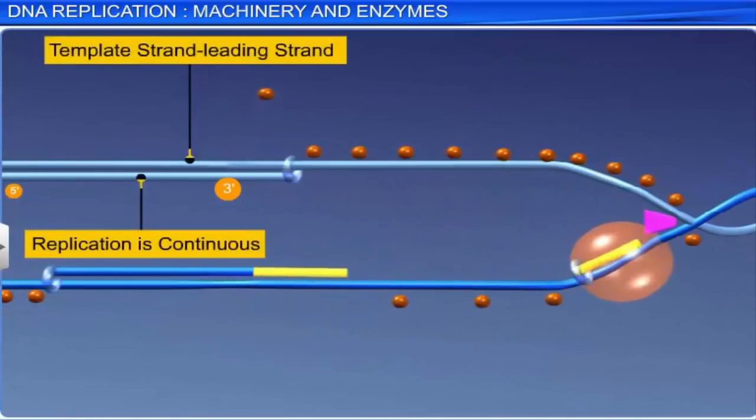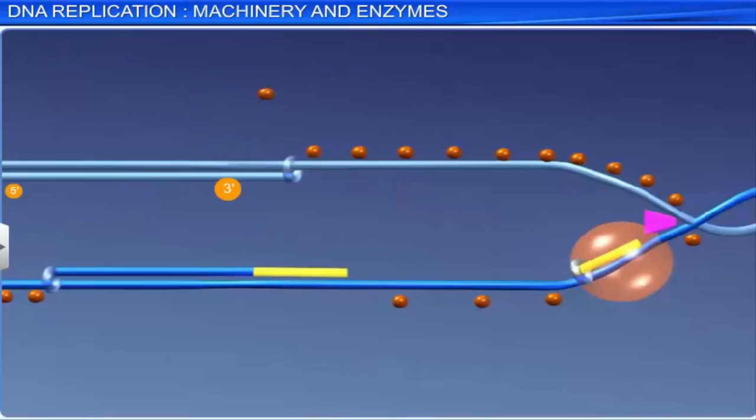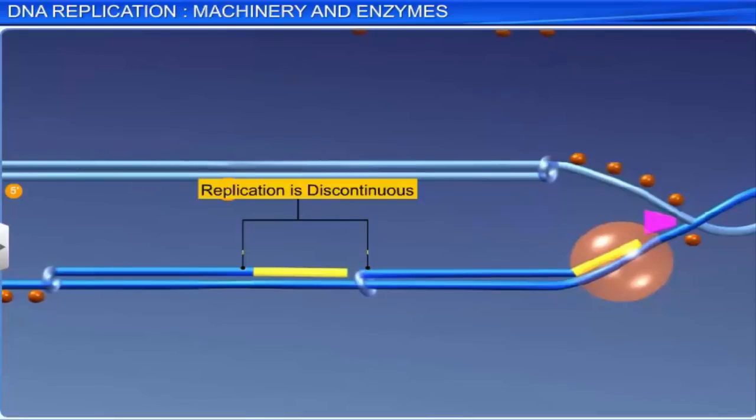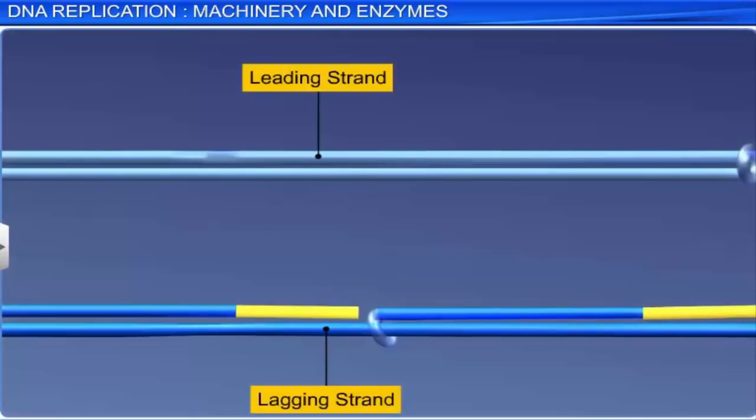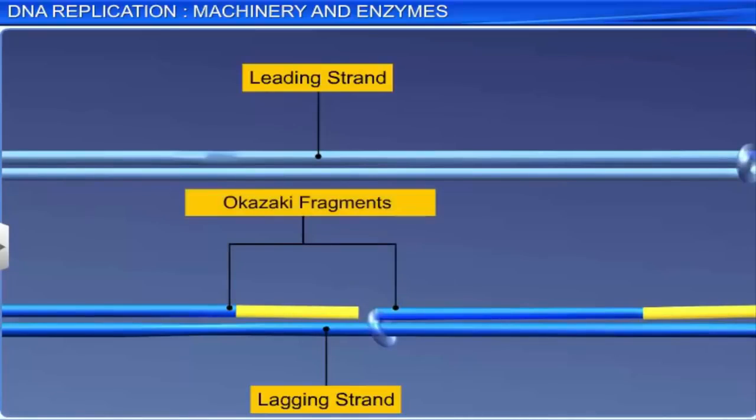Replication on one template strand that has 3' to 5' polarity, also known as the leading strand, is continuous, whereas replication on the other template strand with 5' to 3' polarity, also referred to as the lagging strand, is discontinuous. These discontinuously replicated fragments, also known as Okazaki fragments, are then joined by the enzyme DNA ligase.